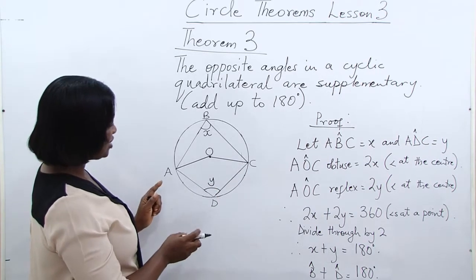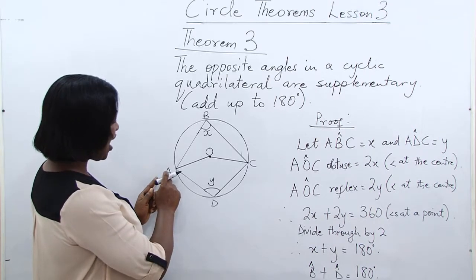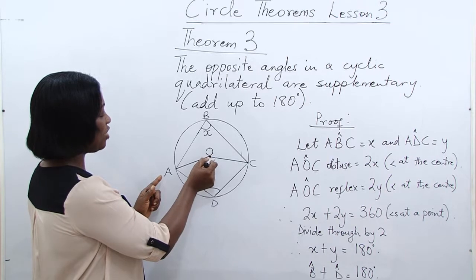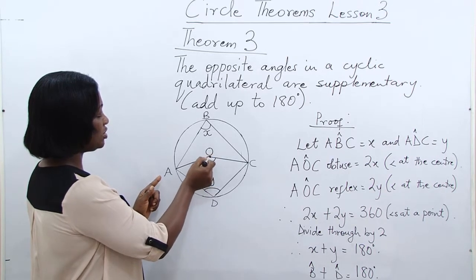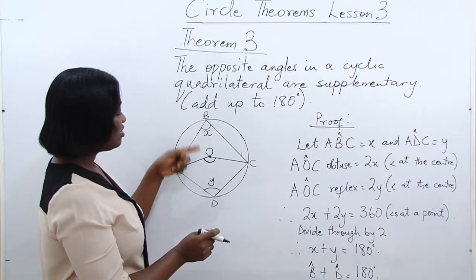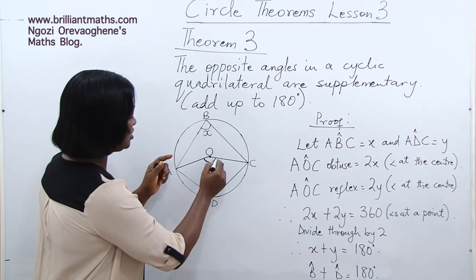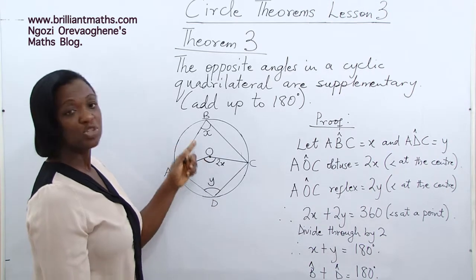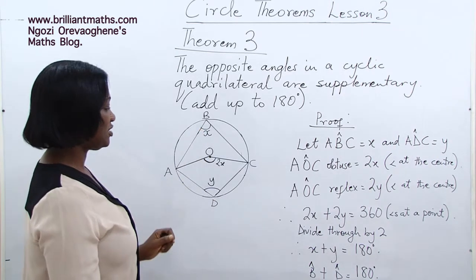Then let's look at angle AOC obtuse. From the theorem we know this angle is equal to 2x. The angle at the center is twice the angle at the circumference.